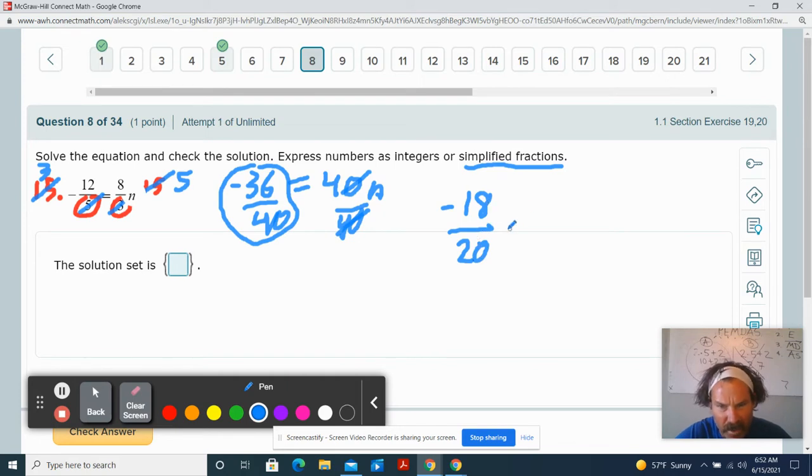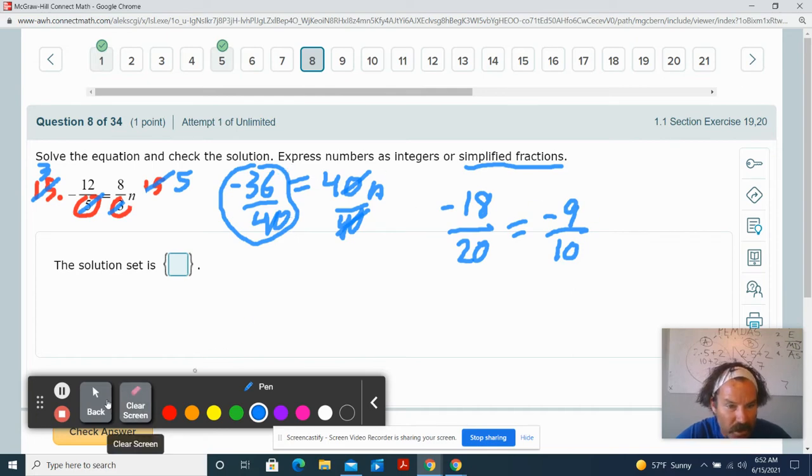And 18 over 20 is not simplified either. You take half of 18 and you get 9, and you take half of 20 and you get 10. You could also have divided 36 by 4 and gotten a 9, and divided 40 by 4 and gotten the 10. So when you simplify fractions, you just divide by the same number on the top and the bottom.